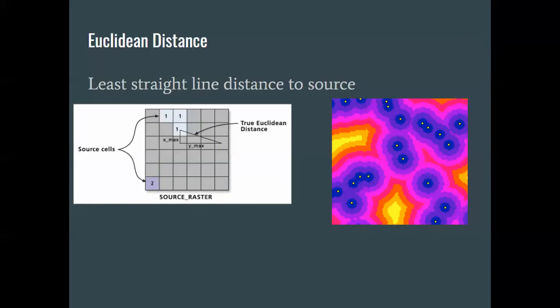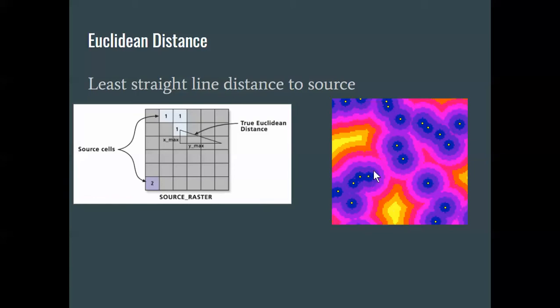Our distance surface, unlike our buffer, although it may look very similar when classified, what this actually is doing is, for any source, and again, we're going to use our points as sources, the distance tool and distance geoprocessing in raster gives each pixel the least distance from a source location.